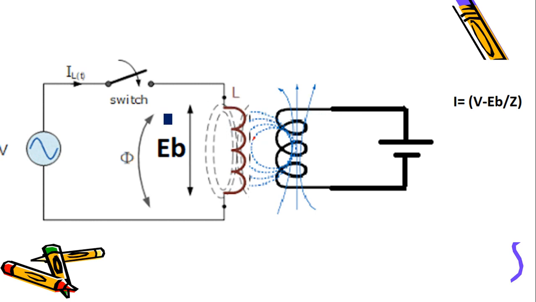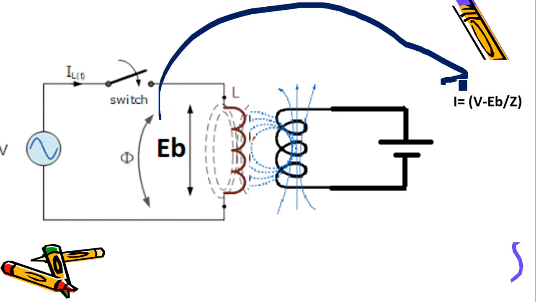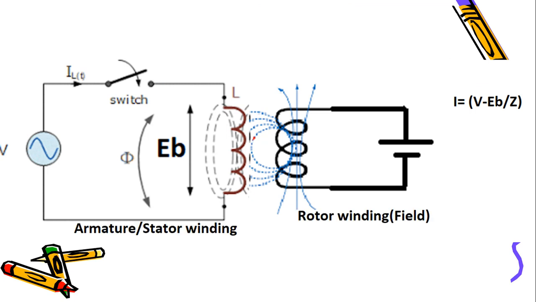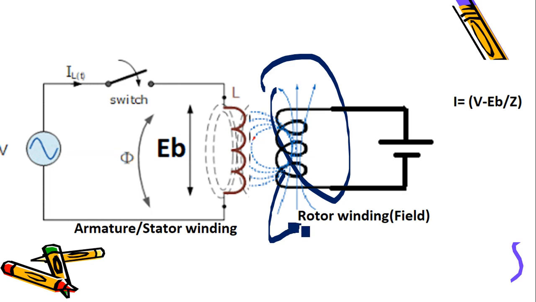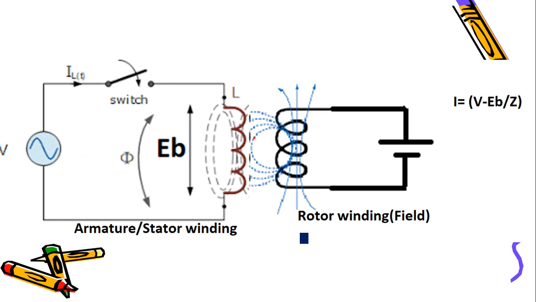Previously we discussed how the current will be: V minus EB by Z. Now we can consider that this is similar to our rotor magnetic field in a synchronous motor, or the DC field winding in the synchronous motor. And what about this one? This is a phase winding of an armature, that is the stator winding. This is what happens in a synchronous motor.